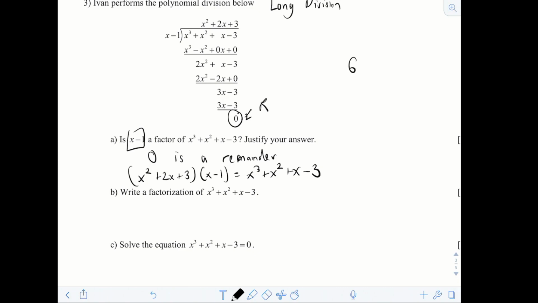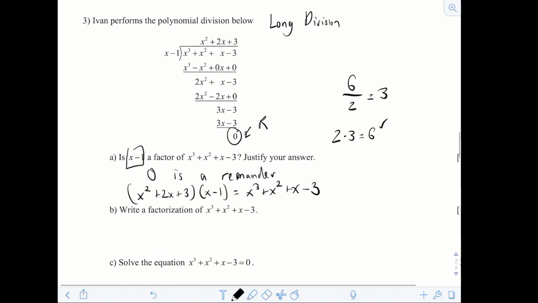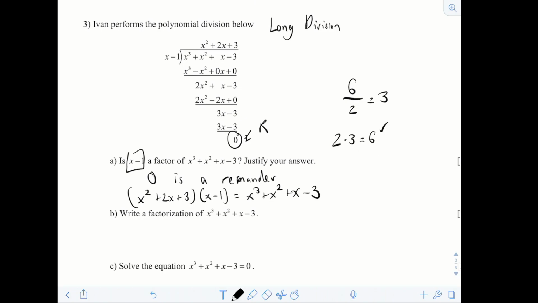If I were to do something simple, 6 divided by 2 equals 3. So if I were to do 2 times 3, that would definitely give me 6. We're just doing the opposite, backwards. This is the number that I'm being divided by. This is the top number. This is the quotient. So same kind of deal.